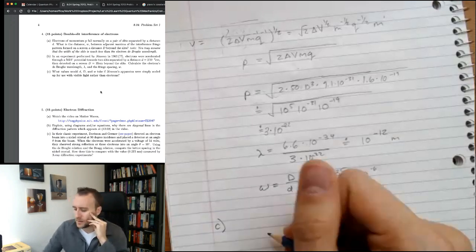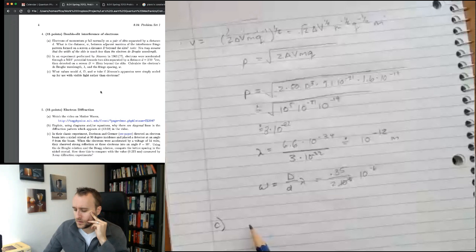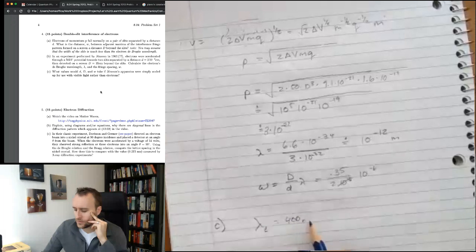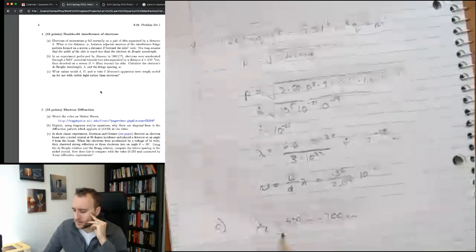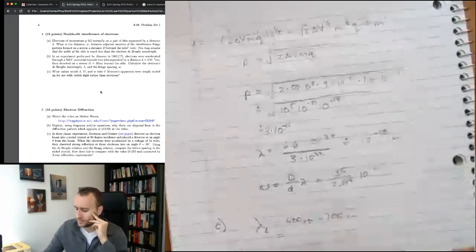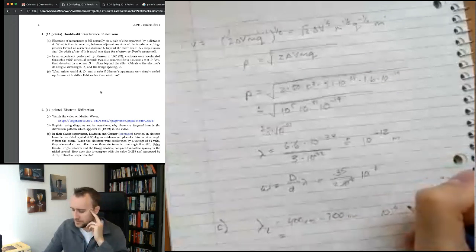I mean, if we have visible light, the wavelength of visible light, we said already, is between 400 nanometers and like 700 nanometers. So this is equal to what? A nanometer is 10 to the negative 9.